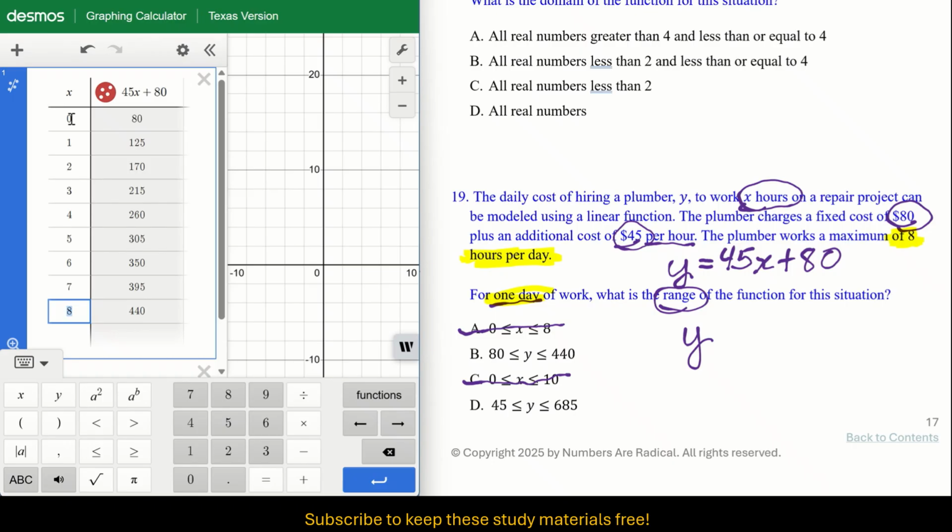And if you look at your Y column, we start at the $80 and end at the 440 for 8 hours of work. And this will tell us that option D would not be valid.